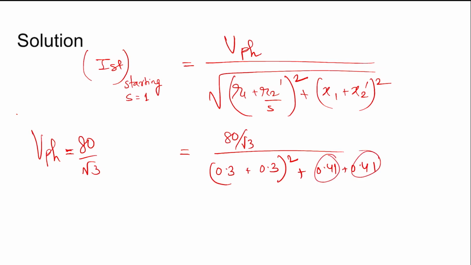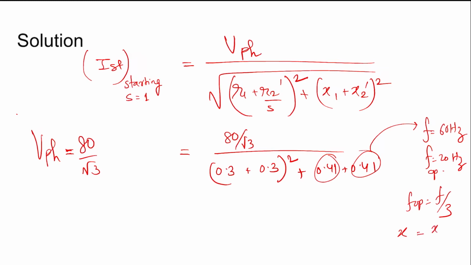But now you see these 0.41 values are for frequency 60 Hz. Now frequency has become 20 Hz, that is the operating frequency. So the operating frequency is f by 3, so X new is X old by 3, because of the direct relation with the frequency.